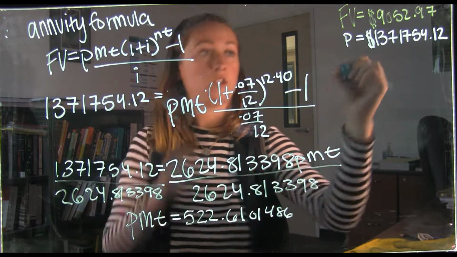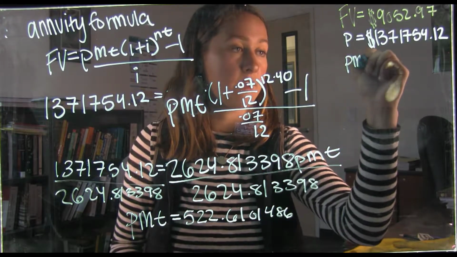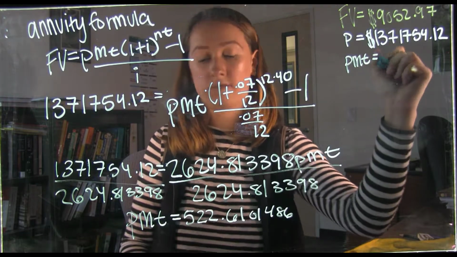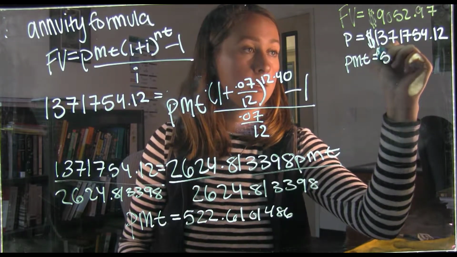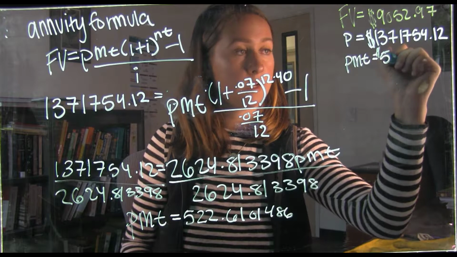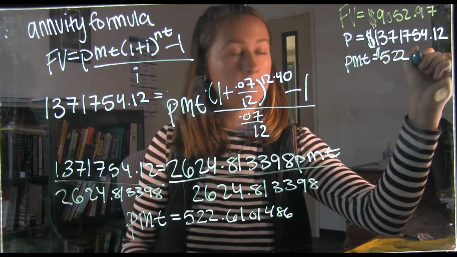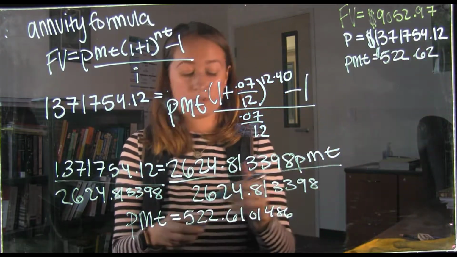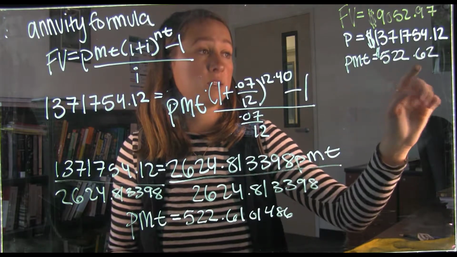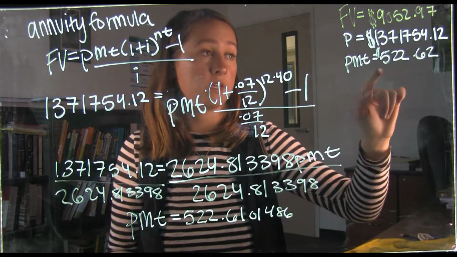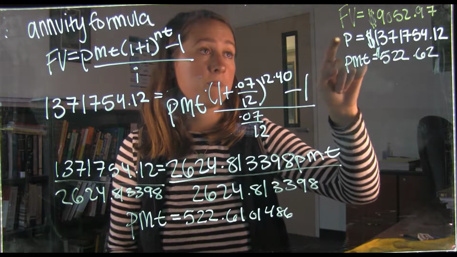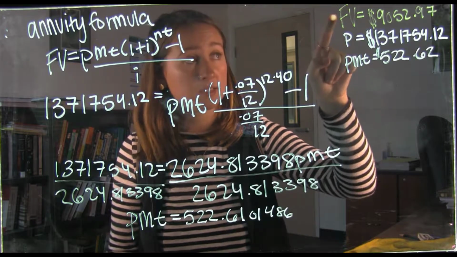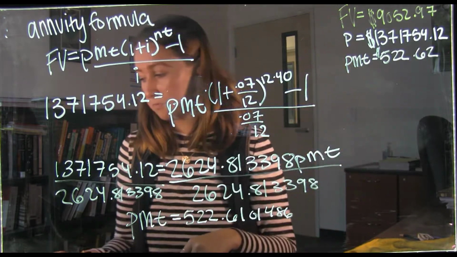So this is how much we need to save every month for 40 years at our 7% annual interest. 522.6, and again we're going to round, so that we're going to save this every month for 40 years so that we can get this, so that we can pay out this for the next 20 years that we're retired.